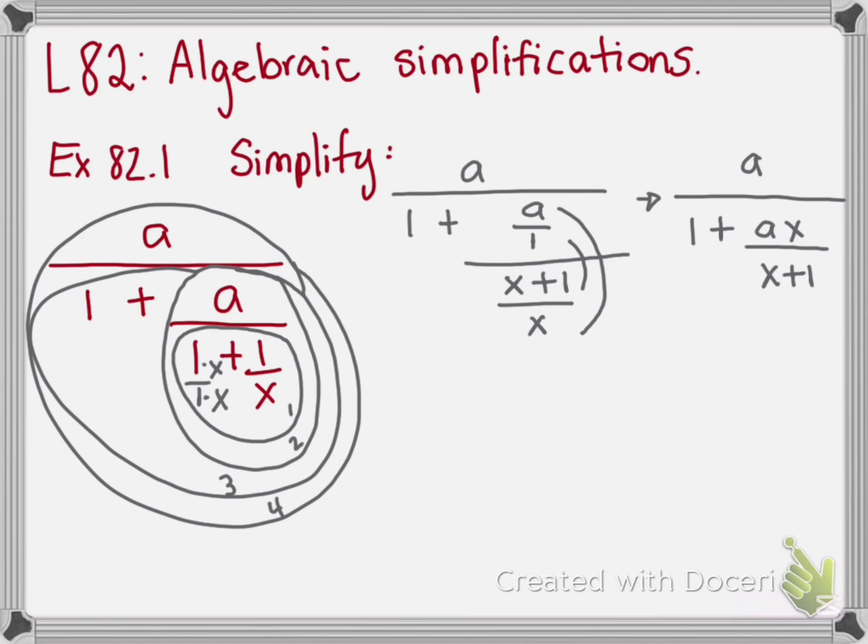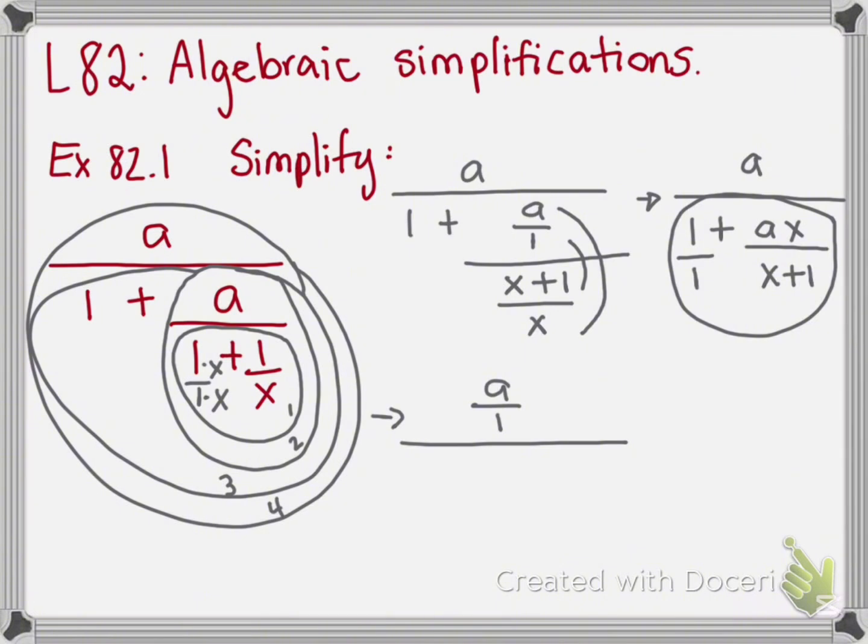The third layer, which is this one, is again addition. So let's continue here. For addition, we have to do common denominator. Now again, I'm going to put this a over 1, because any number over 1 is itself, so we can do that and have a denominator there. And then if we want to do common denominator here, notice that we have 1, 1, and again we want common denominator.